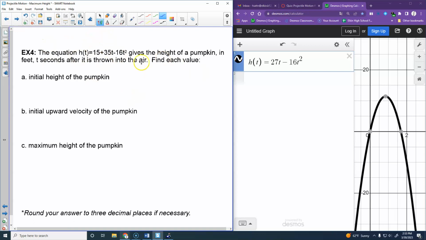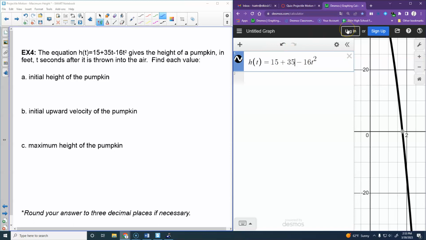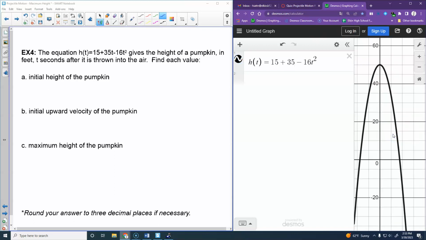All right, this one gives us an equation, and it asks us to find each of these values. So we got h of t equals 15 plus 35t minus 16t squared. I'm going to go ahead and type that in. Let's see if you guys see what I'm doing wrong right there. I've done it twice now, and students do this a lot too.